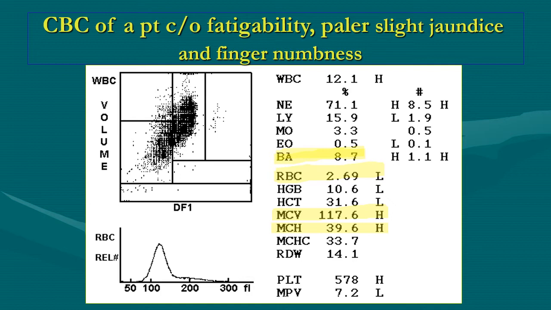It is elevated. Then there is increased concentration of the hemoglobin per each erythrocyte, while the red blood cell is low and there is basophilia. This picture is seen in a patient with liver disorder. So the CBC reflects the systemic diseases as well.